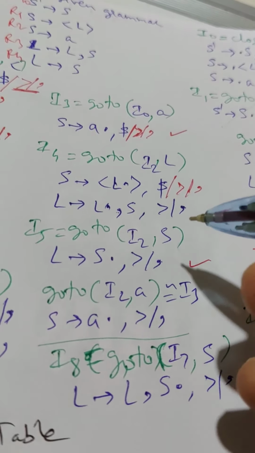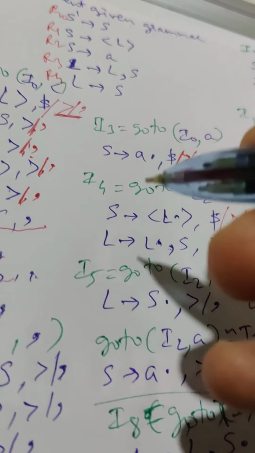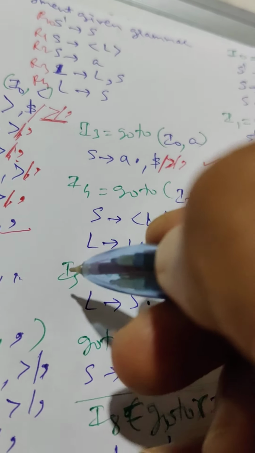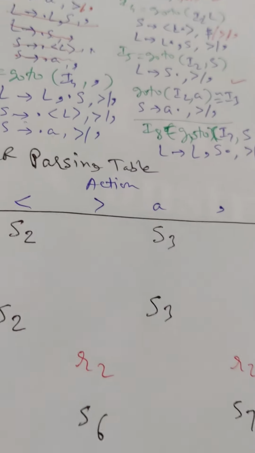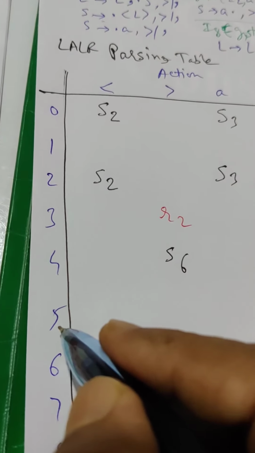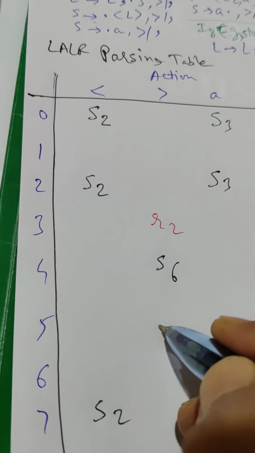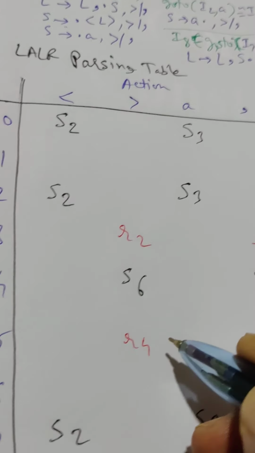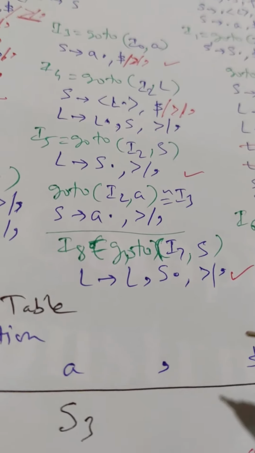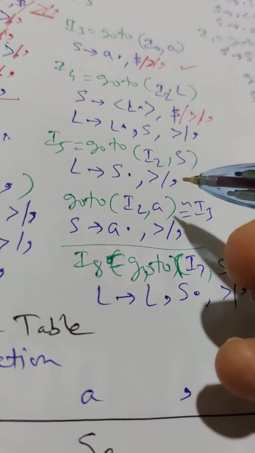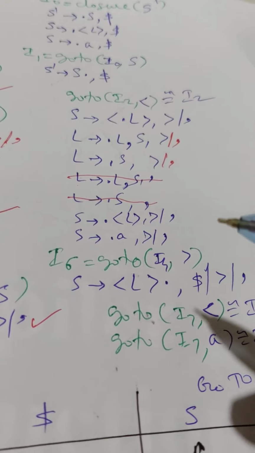In item number 4, nothing finishes. Item number 5, L goes to L comma S. So L comma S is R4. Item number 5, rule number 4 in greater than and comma. So under greater than, R4, and under comma, R4. Done. Now next, what is finishing?